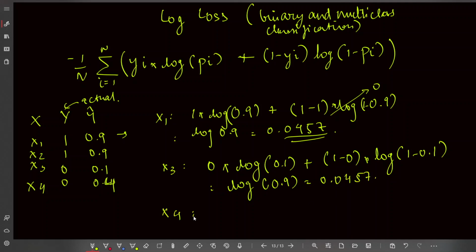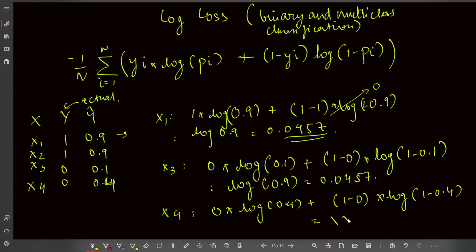And then I have x4, which is 0 into log of 0.4 plus 1 minus 0 into log of 1 minus 0.4, which is 1 into log of 0.6, which is equal to 0.22. I calculated these values before starting the video, so that's how I know them.